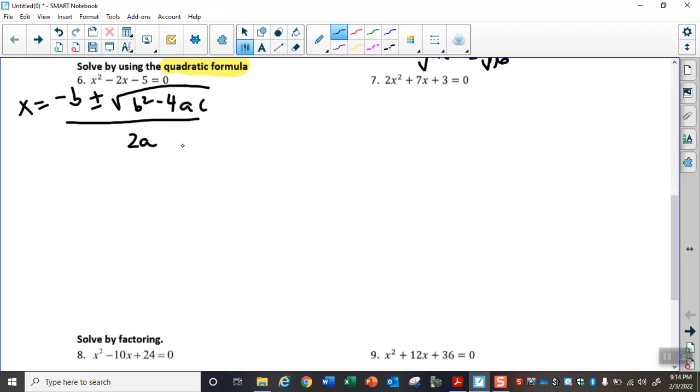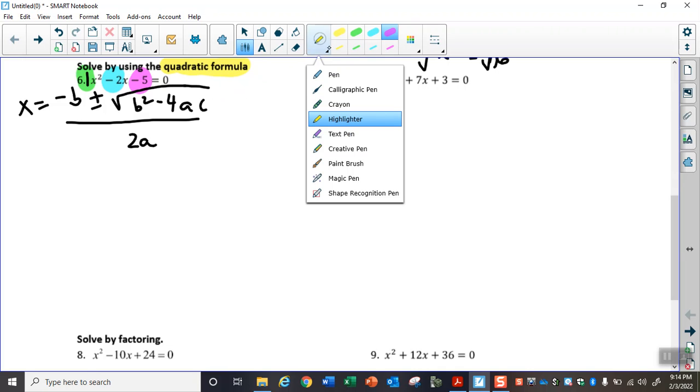Okay, and then now I'm going to substitute in. So I've got a equals 1, right? That's a. This is going to be my b, negative 2. And my c is going to be negative 5.